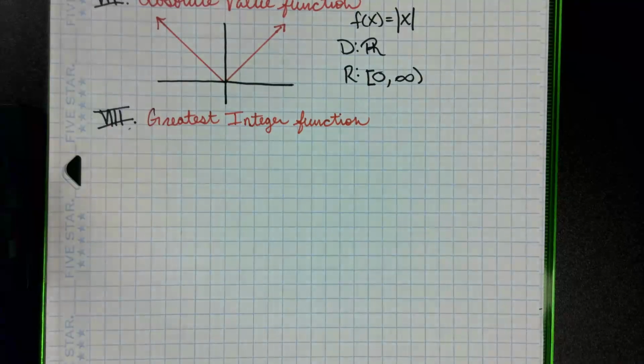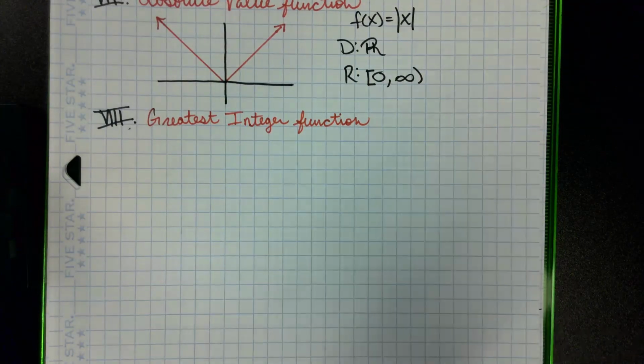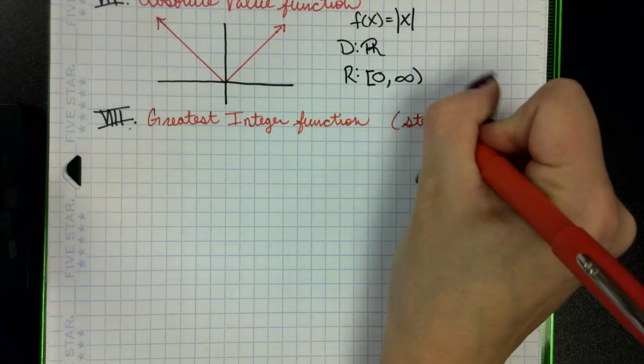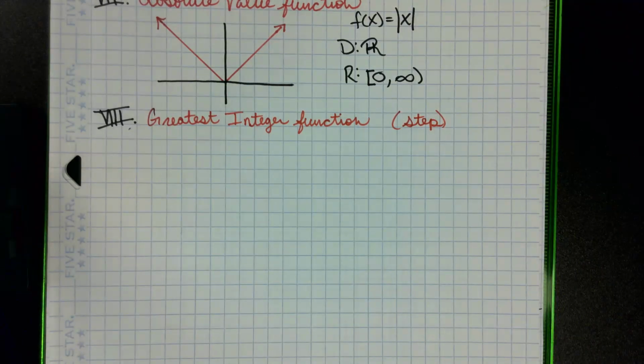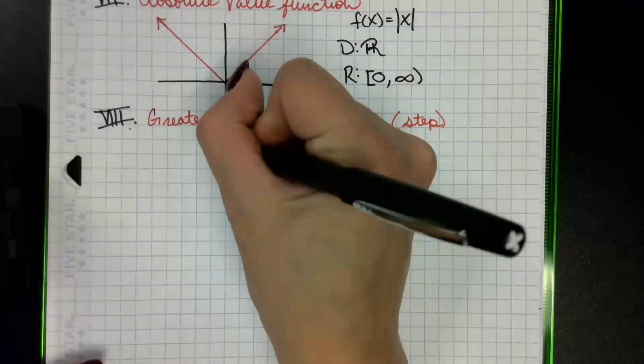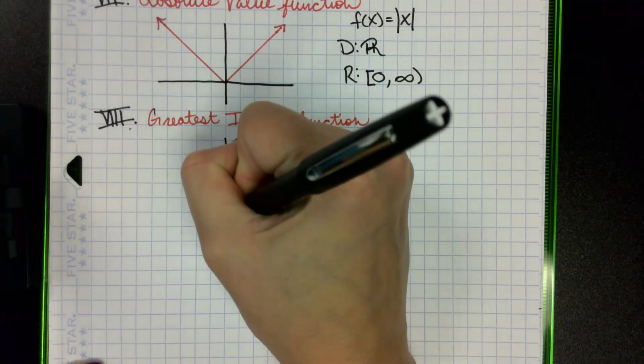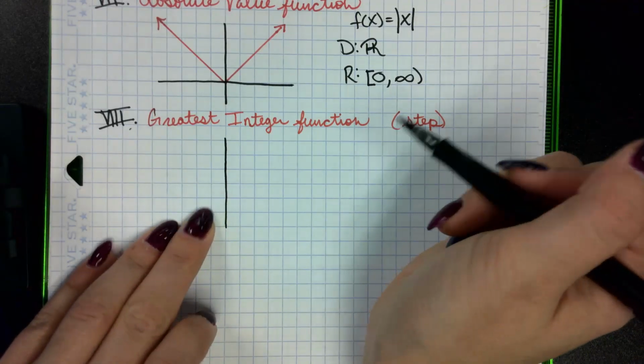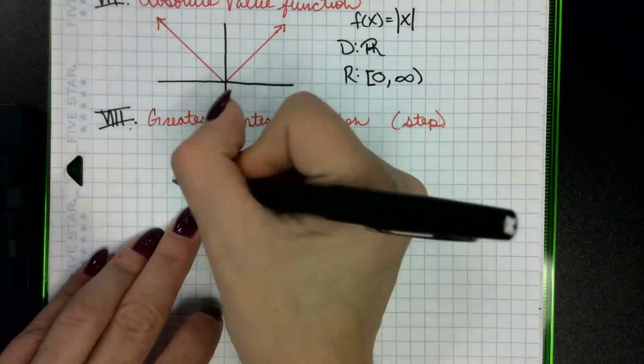The greatest integer function, the most common one that we see is the step function. The step function, but officially it's the greatest integer function. That's interesting. It was the greatest because we liked it.